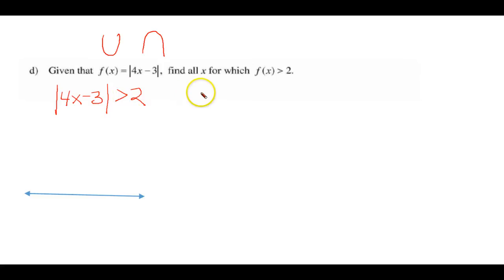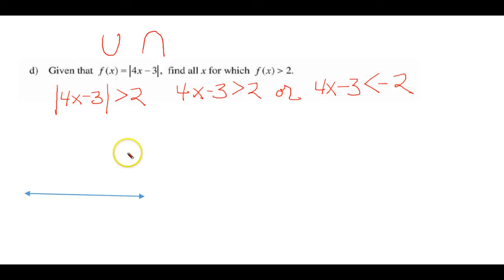And we set it up by just taking away the absolute signs. And then we're going to write or, because it's a union, a disjunction. And then we write it again. 4x minus 3, changing the direction of our inequality sign, and then the opposite sign of our 2, which is a negative 2. Okay, we transpose this.